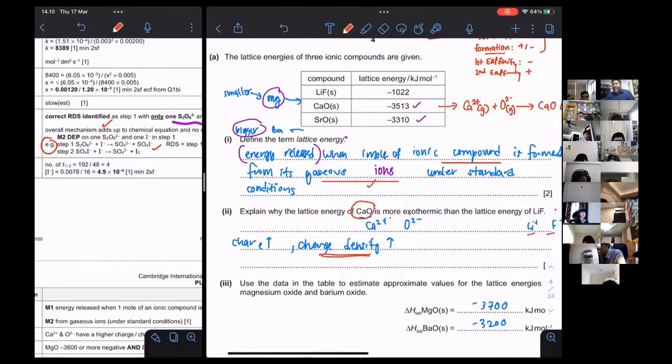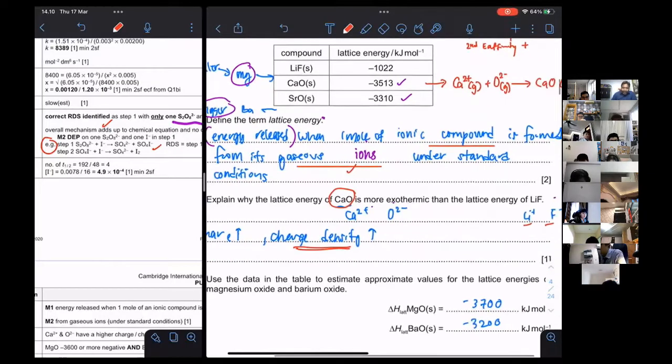You follow the charge, because last time I told you charge will be the dominant factor. Why? Because it is the product of the charges divided by the sum of the radii. So the radius does not really play a big role. The bigger role is played by the charge.